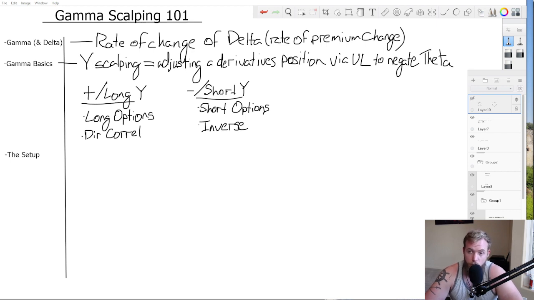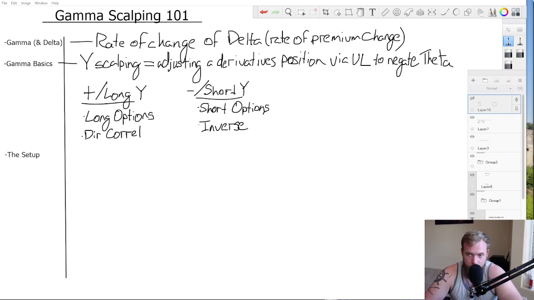But obviously the circumstance changes a little bit, where when we buy an option, theta is working against us. We're paying theta. Whereas if you sell an option, theta is actually working for you. So the heart and soul of gamma scalping doesn't really apply to short options positions, but you can still apply the concept.